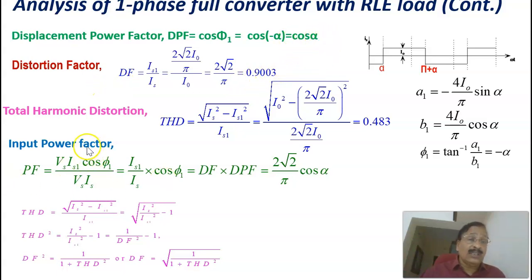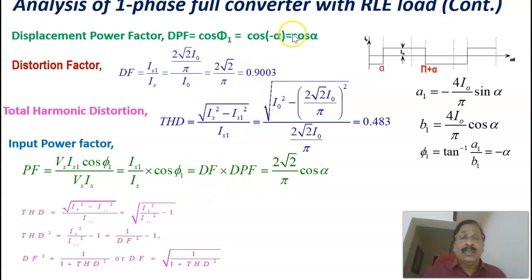Therefore, the total power factor, as you already know, is the product of the distortion factor and the displacement power factor, which is Is1 divided by Is, into cos phi 1. Actually, this is the active power to the apparent power, Is1 divided by Is into cos phi 1, the displacement power factor into the distortion factor.